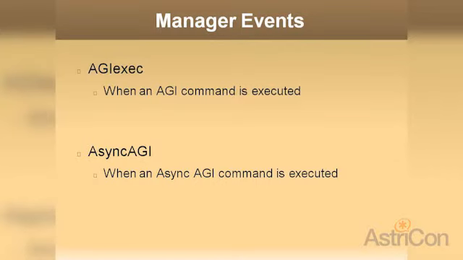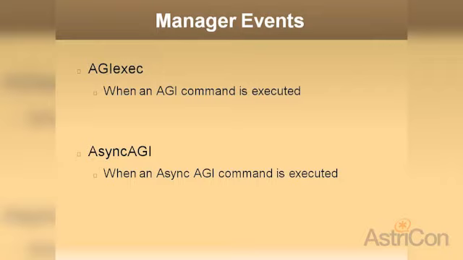How many of you were in the manager presentation this morning? Okay, so you probably remember the manager is simply an interface to Asterisk to send some events that are happening on your Asterisk system. It's the same for AGI. There are two main AMI events.